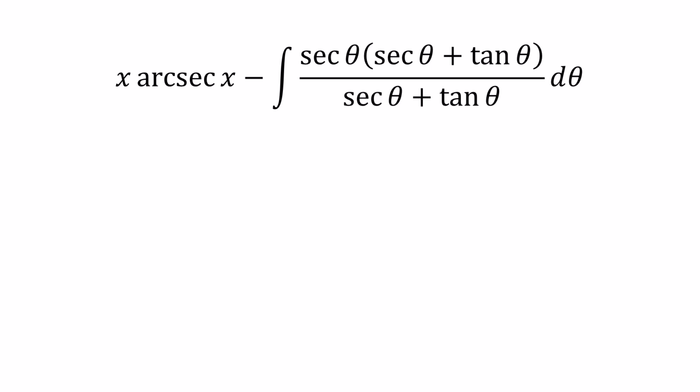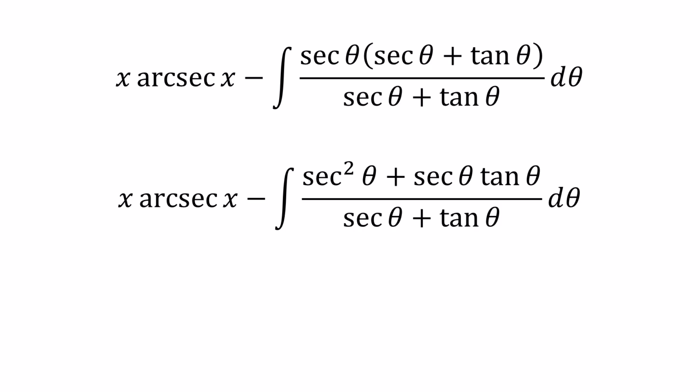Distributing secant of theta, we obtain x arc secant of x minus the integral of secant squared of theta plus secant of theta tangent of theta all over secant of theta plus tangent of theta d theta.